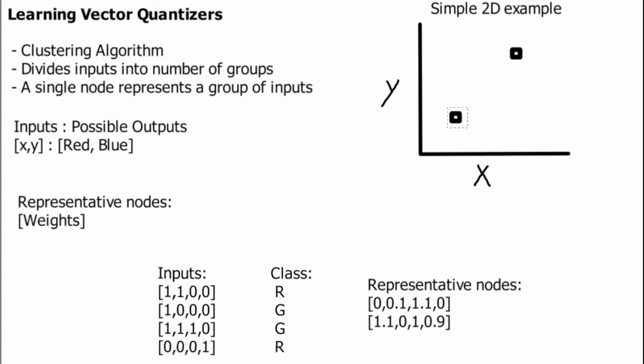What we can then do is ignore all of these other points and only look at these representative nodes. Let's say we now have a new input that we don't know of. Obviously, in a 2D space, we can just visually see which one it is closer to, and it is most likely part of that group. But in an unknown space where you have many different inputs that you can't really visualize, it's all distances.